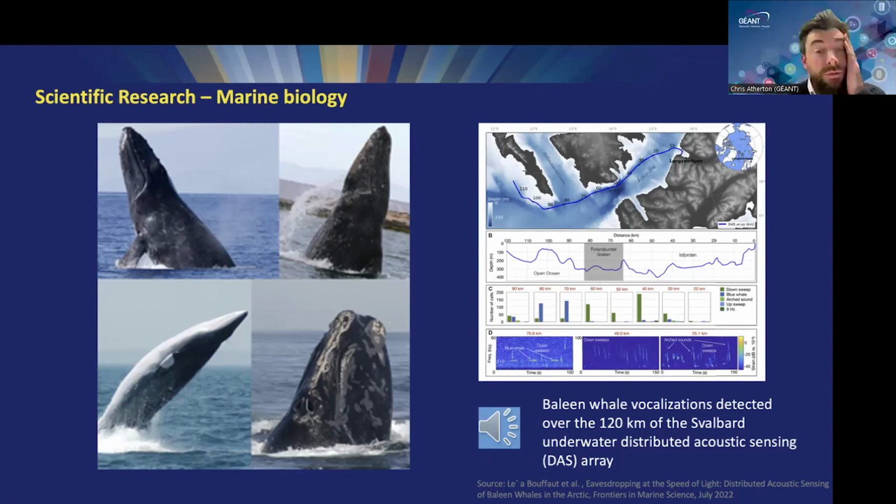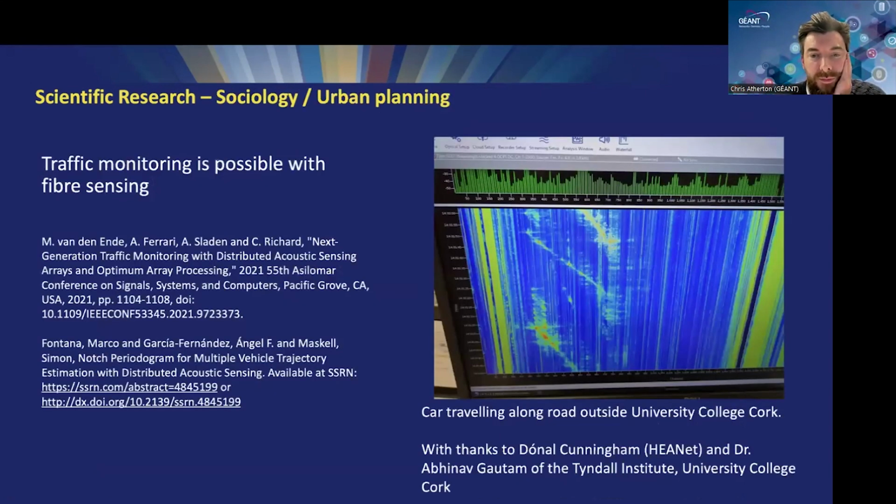One of the usual suspects is traffic monitoring, where in fact Donal and a bunch of researchers in Ireland were recently able to pick up traffic moving up and down a road next to the building where the DAS was installed, using that to try and track speed of vehicles, locations of vehicles, and numbers of vehicles.